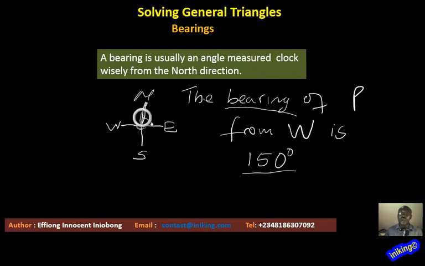So I go 90, we are told 150, so I have to take another 60, which means about 150 there, which means this line is the direction that will lead us to P, because that line is 150 degrees from the north direction.